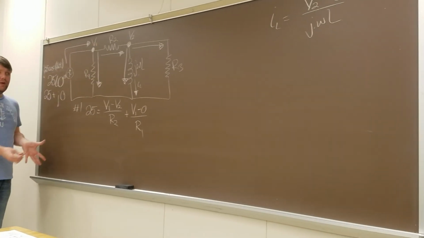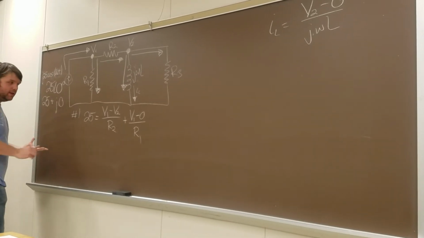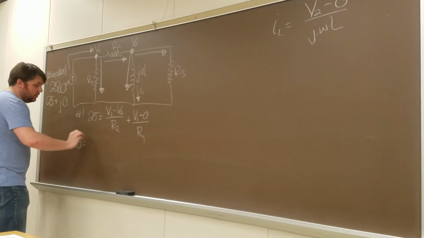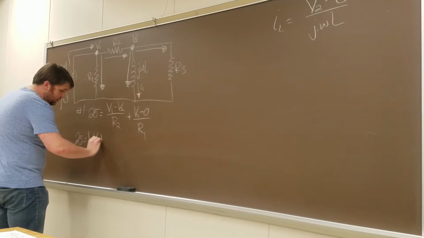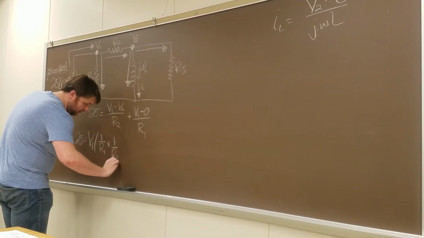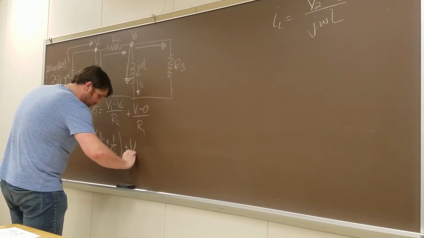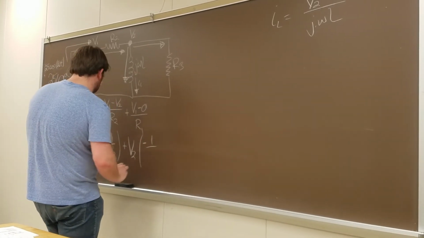So I'm going to rearrange this equation really quick just to get it into a form that I want to look at in a minute. So we're going to say 25 is equal to V1 times the quantity 1 over R1 plus 1 over R2, plus V2 times negative 1 over R2.